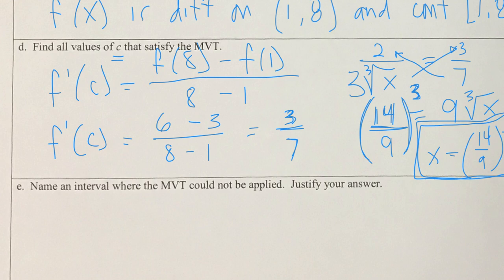And then the last question, name an interval where the MVT could not be applied. Okay? So is this function continuous everywhere? Yes, everywhere it is continuous. But where is it not differentiable? Okay, not differentiable at x equals 0.